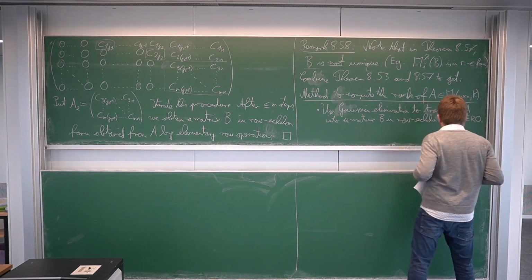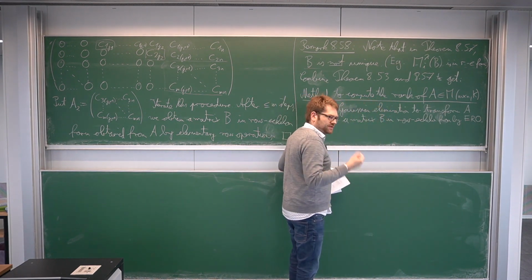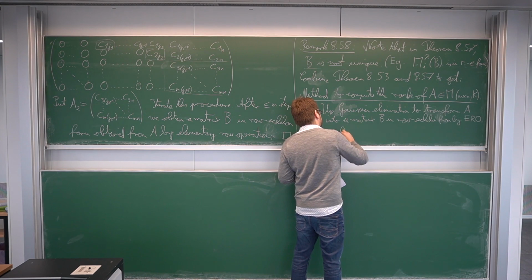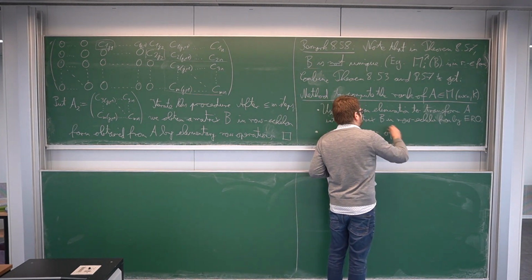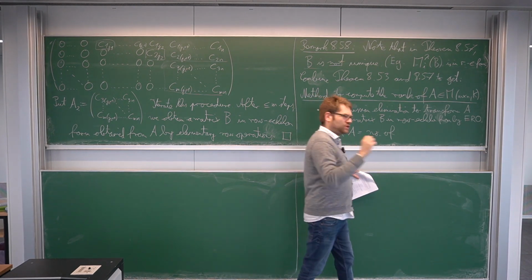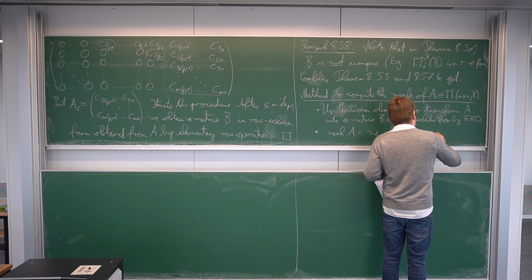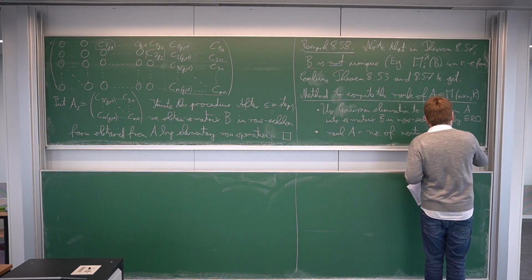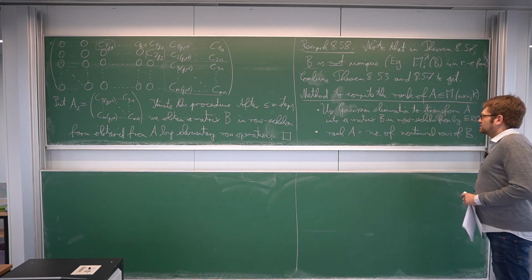Let me abbreviate this like this, E-row. And if we have done this, then the rank of A is the number of non-trivial rows of B. So it's just the number of rows which are not just containing zeros.